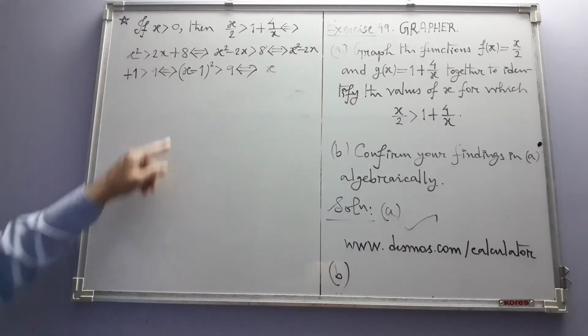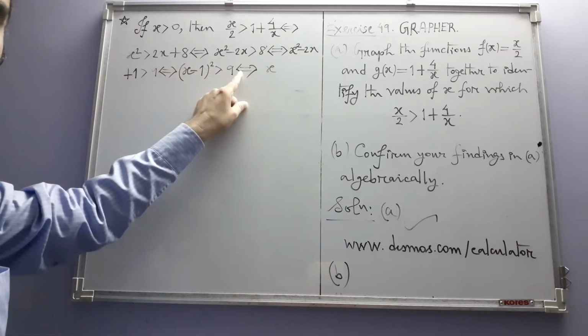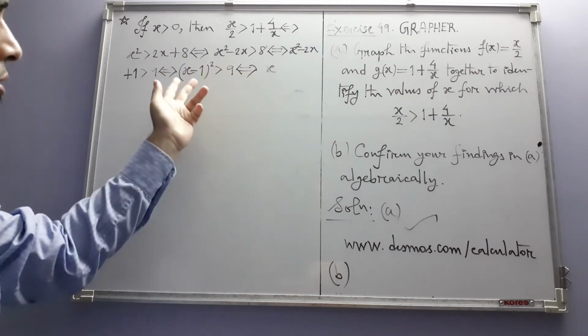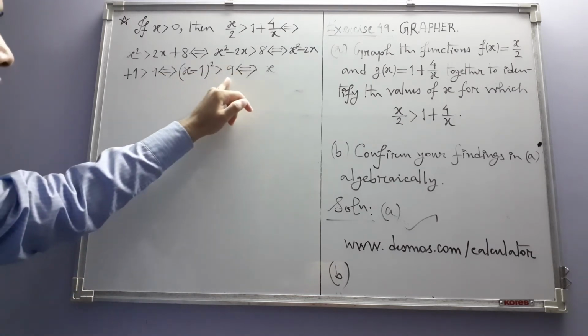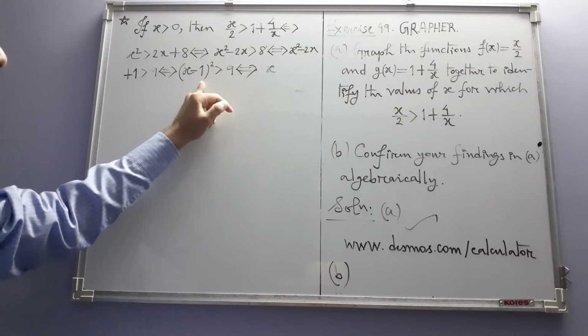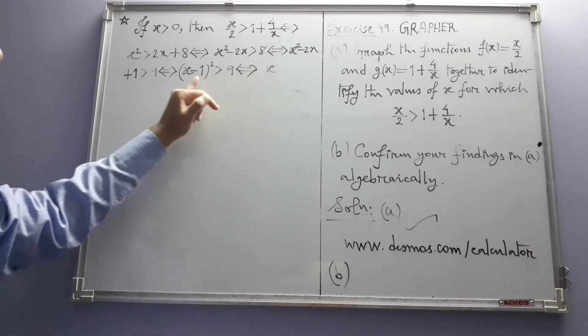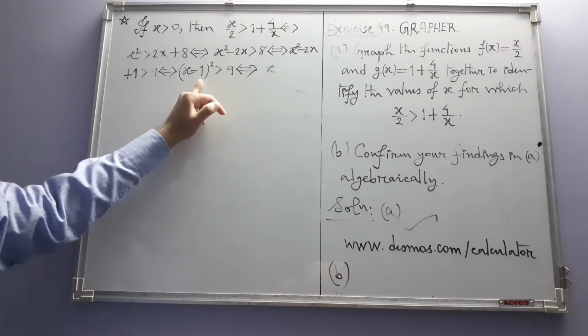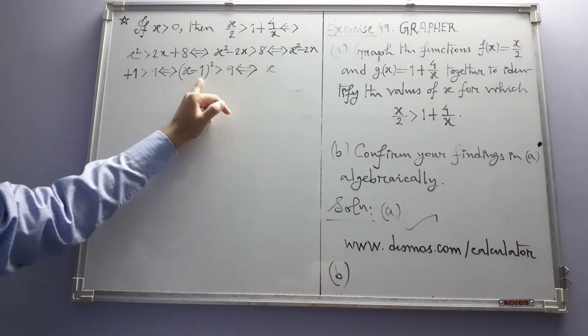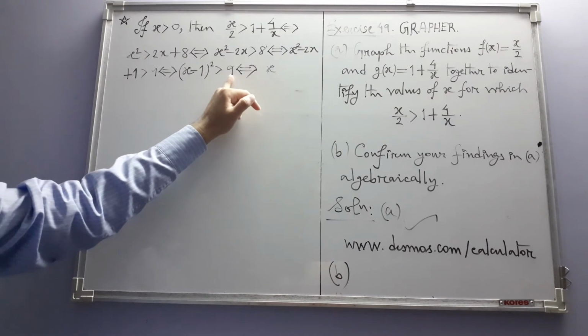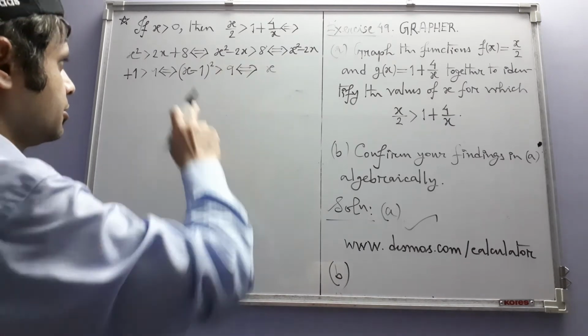So next what we do, we take square root on both sides. The inequality is not reversed because both x minus 1 whole square and 9 are positive real numbers. The reason this is not equal to 0 is because if x is equal to 1, then this becomes 0. So 0 is not greater than 9. So this is positive.